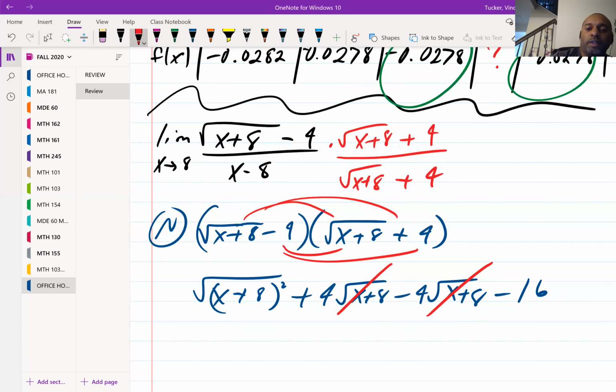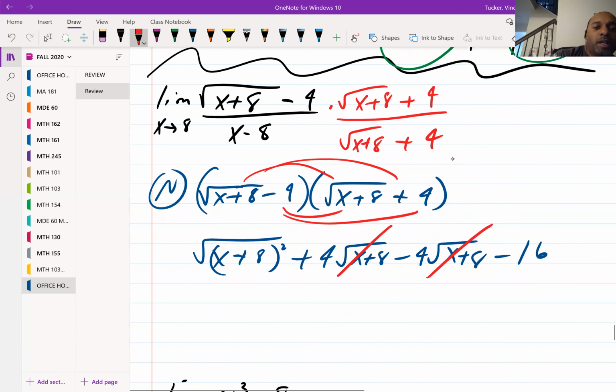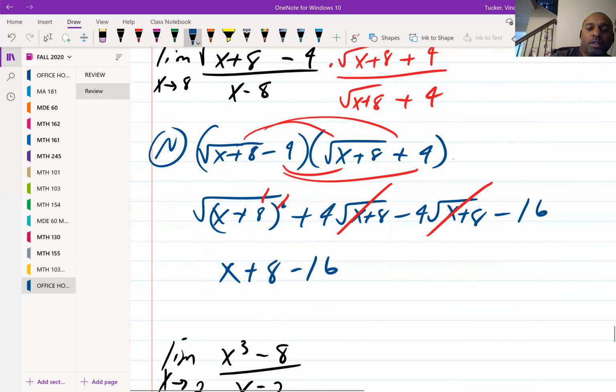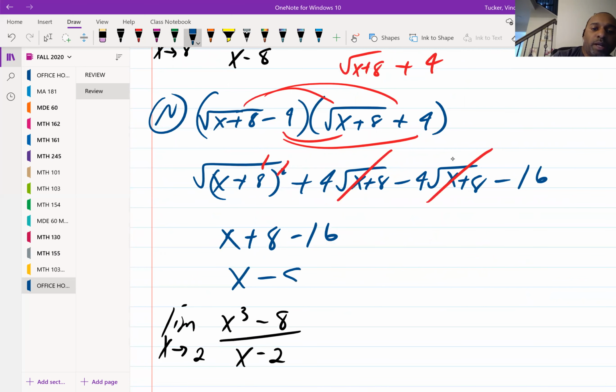The 4 square root of x plus 8 cancels in the middle. Also the square root and the square cancel, leaving you with just x plus 8 minus 16, which is just x minus 8. So that's our new numerator.